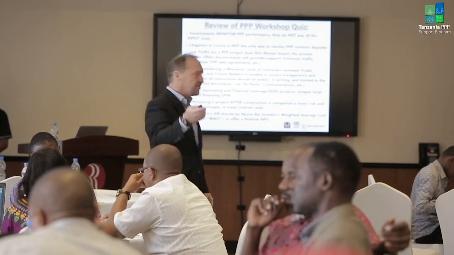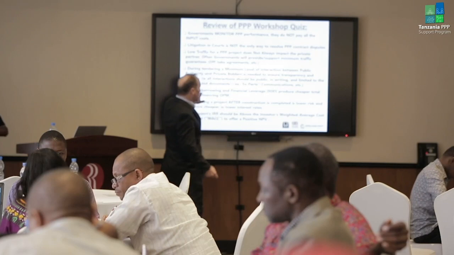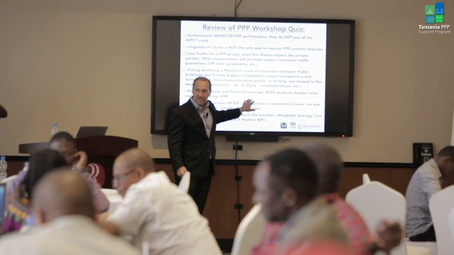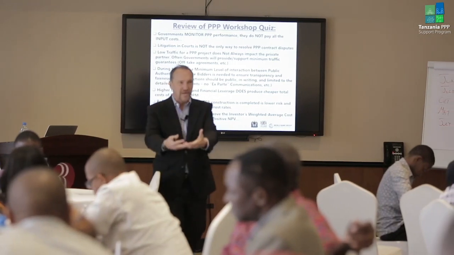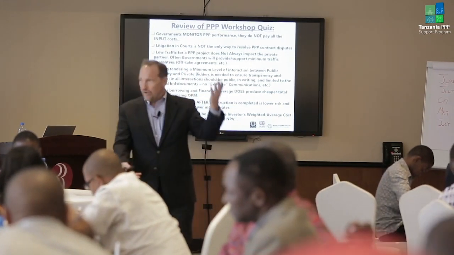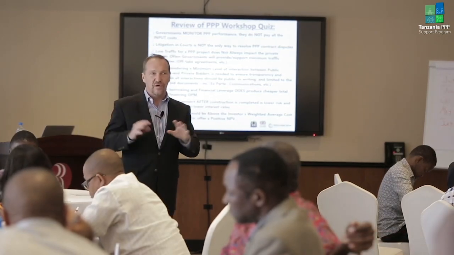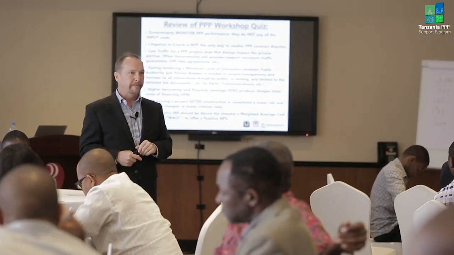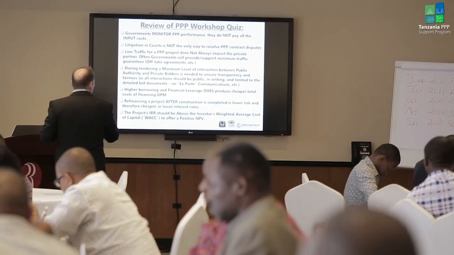But that's the principle, as we say, other people's money. So there is a question here that says higher borrowing, meaning financial leverage. Financial leverage means I put in, Donald Trump, a little bit of my own money, and I borrow a lot of other people's money to do it. That means lower costs of financing overall. Okay.